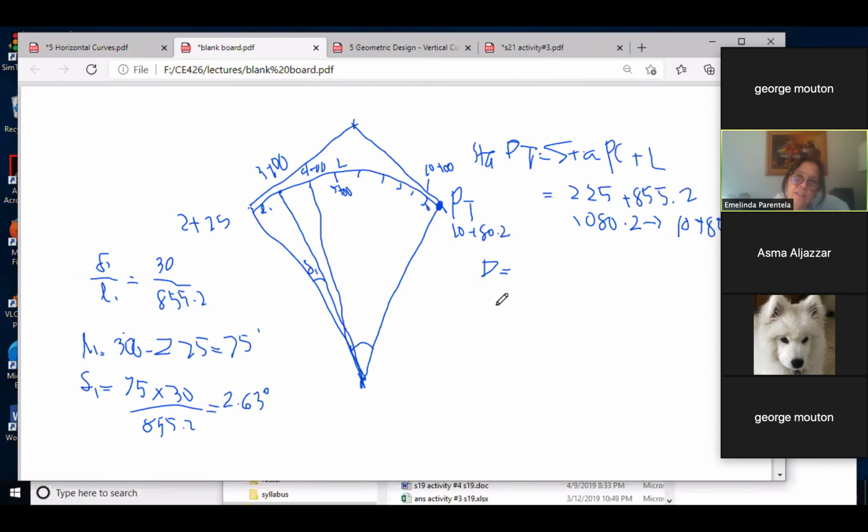First, you compare D is to 100, because we know that's a 100-foot arc, is to L over delta. So we know the value of L over delta, so you can solve for D. So L is given 855.2 over 30 degrees.